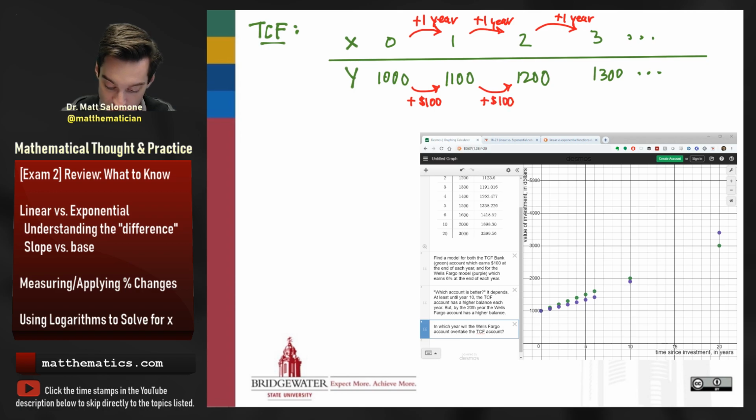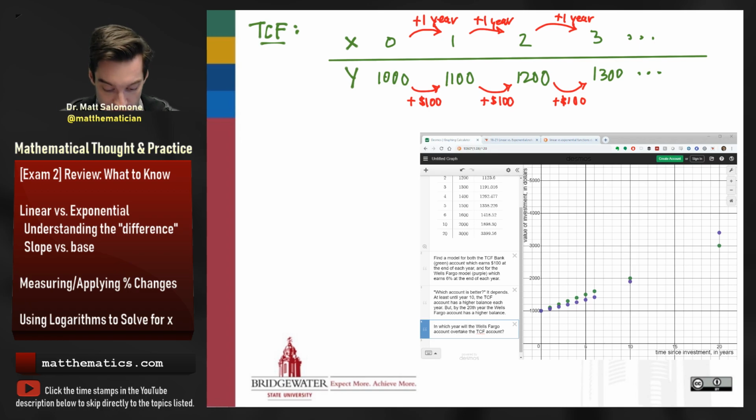And that change is consistent from year 1 to year 2 to year 3 to year 20 to year 500, however long we leave this money in the account. For every 1 year that passes, according to the setup of this problem, we add an additional $100 amount to the value of that account.